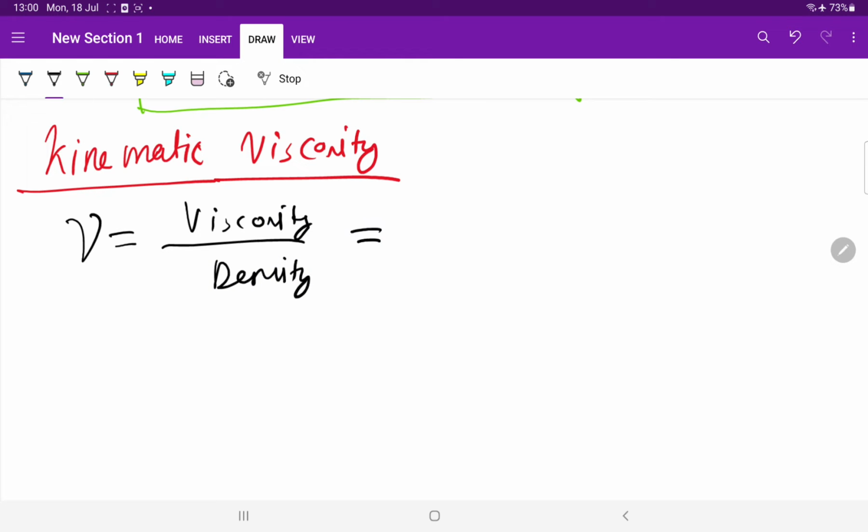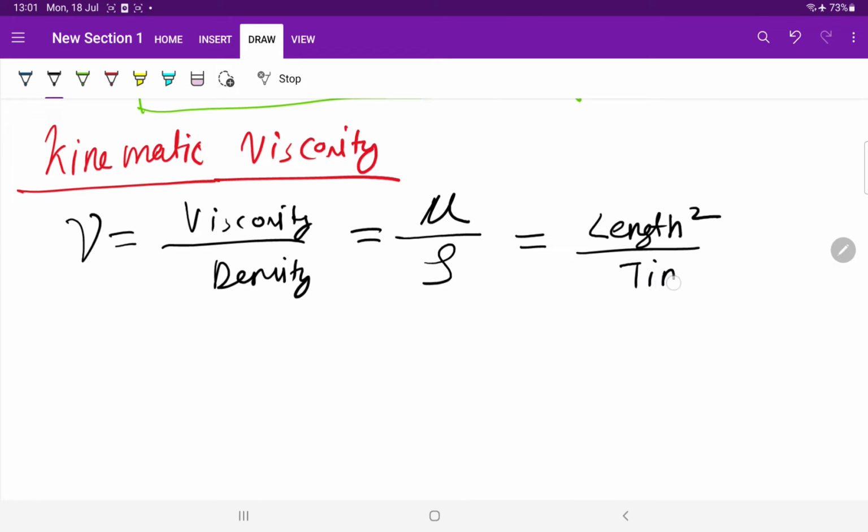Viscosity we already know is denoted by mu, and density is always denoted by rho. So nu equals mu divided by rho. If you evaluate the unit, it comes out as length square by time.